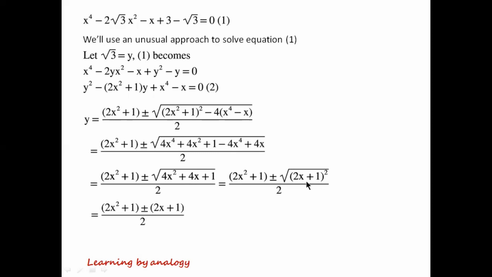This can be written as (2x + 1)². So y equals [(2x² + 1) ± (2x + 1)] over 2. So y equals x² − x, or y equals x² + x + 1.